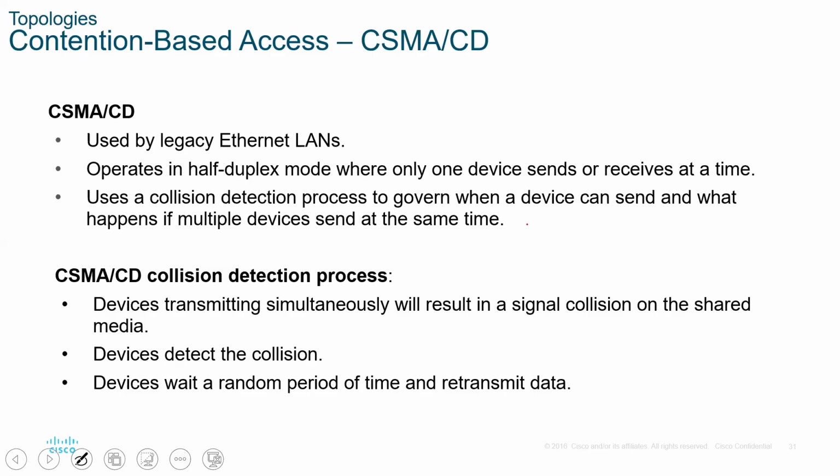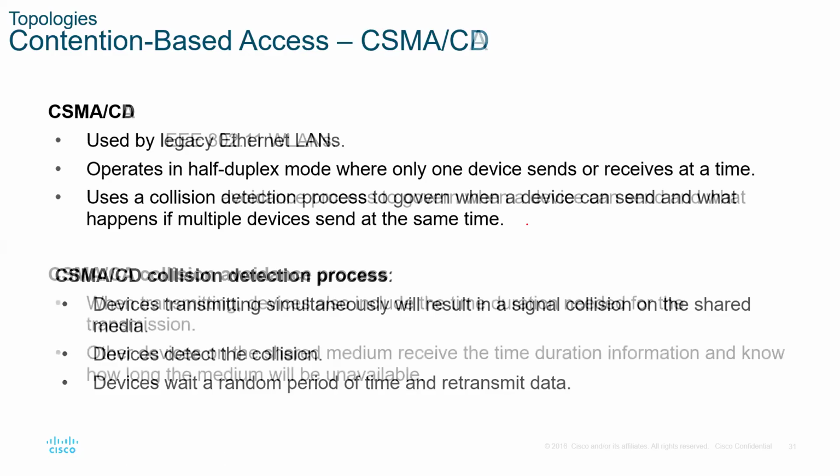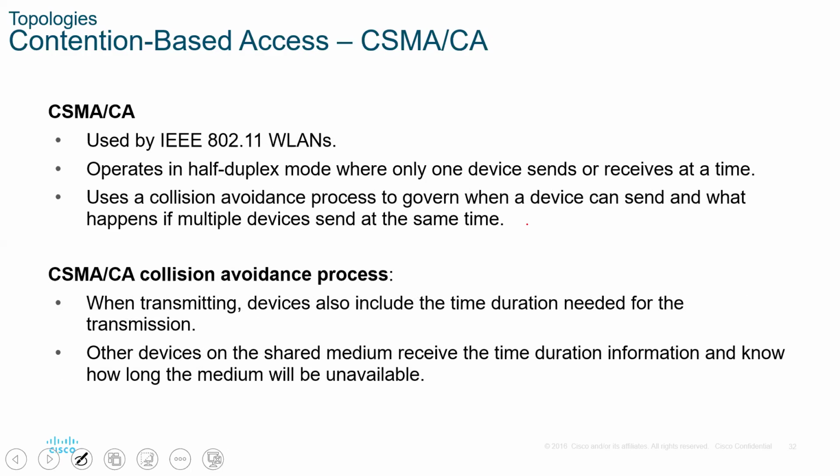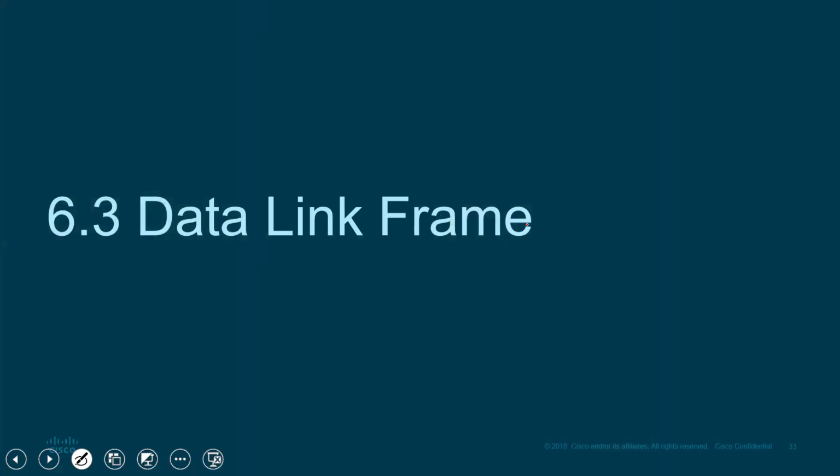If somebody wants to send a message on the network, it has to listen to be sure that nobody has sent a message so that there will be no collision. But if for any reason two of them send a message at the same time, they use what we call the back-off algorithm. They go back and count certain numbers randomly before they begin to retransmit or resend. So that is what happens in that particular case.